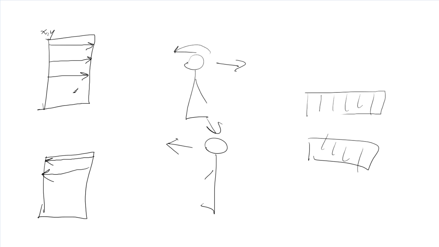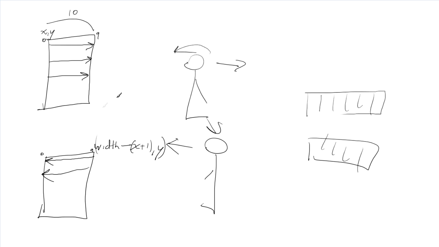So if this is XY, we want to copy it to width minus X plus 1 and Y. For example, if the width is 10, then this would be 0, this would be 9.